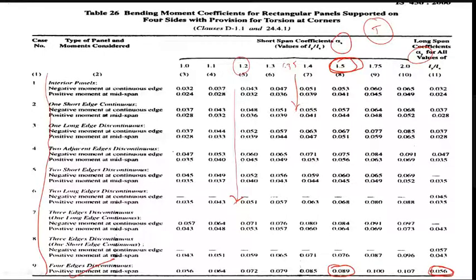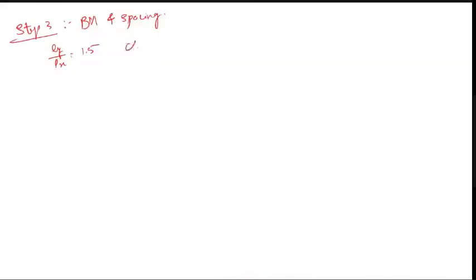For the 1.5 value we have 0.089 for alpha x, and for alpha y we have 0.056. Write down here alpha x, how much we have got? 0.089. Alpha y value we have got 0.056.